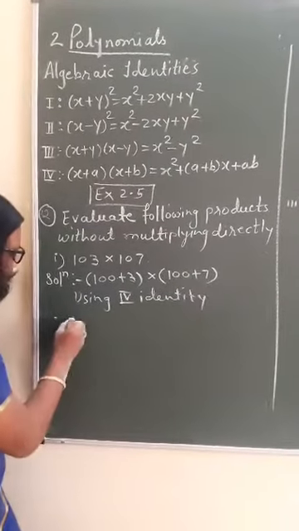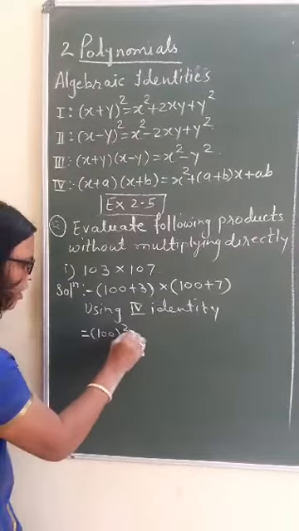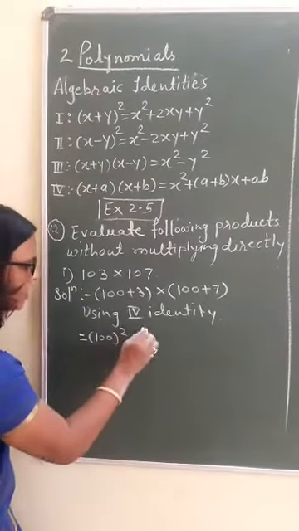What is the fourth identity? First term square, that is 100 square, plus, what is the second term?